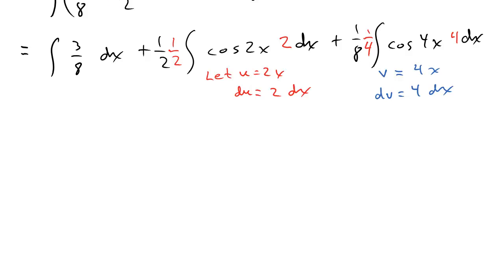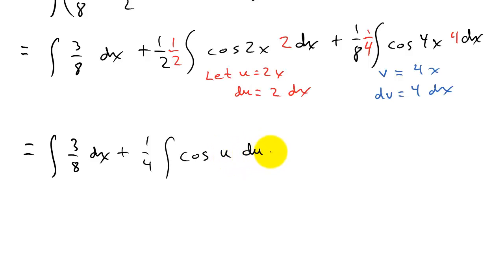And so substituting everything in, I'm going to get 3/8 dx plus 1/4 cosine u du. So I'll put the du in for 2x, plus 1/32 cosine v dv. I put the 4 dx in for the, I'm sorry, shouldn't be a u, should be a v, and that should be dv.